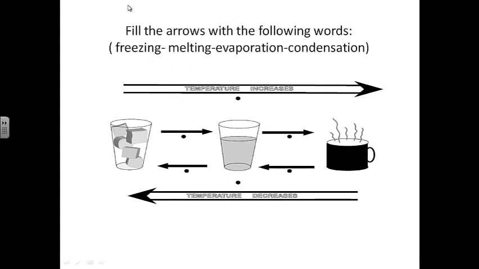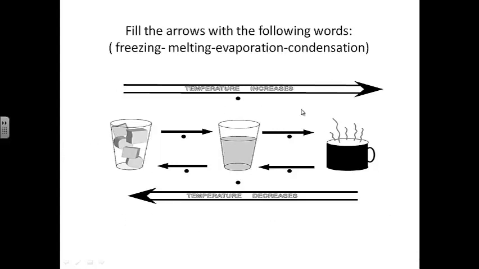Now it's time to answer questions. Fill the arrows with the following words: melting, freezing, evaporation, and condensation. This arrow is coming from the ice, which is solid to liquid. Temperature increase means heating, temperature decrease means cooling.